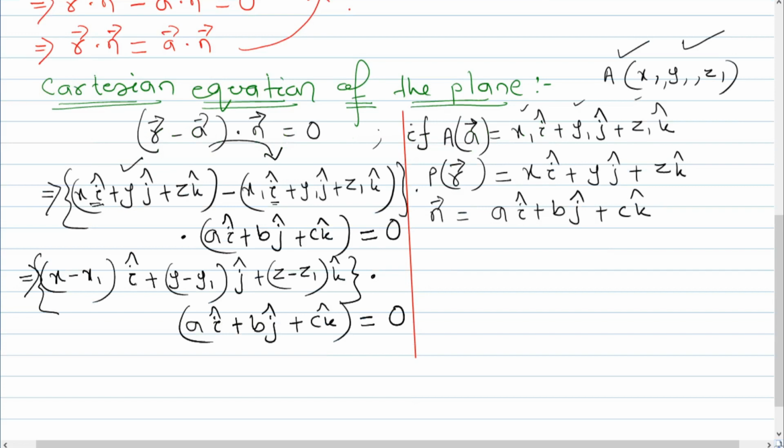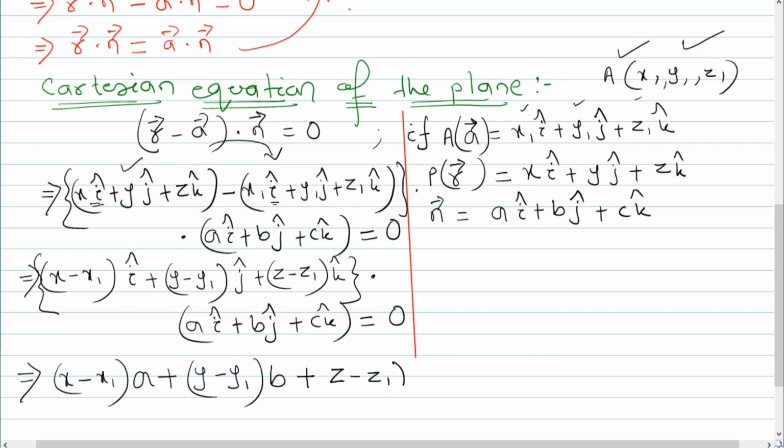So from this, i dot i is equal to 1, j dot j is equal to 1, k dot k is equal to 1. So we conclude that (x minus x1) into A plus (y minus y1) into B plus (z minus z1) into C is equal to 0. So this is the Cartesian equation of the plane.